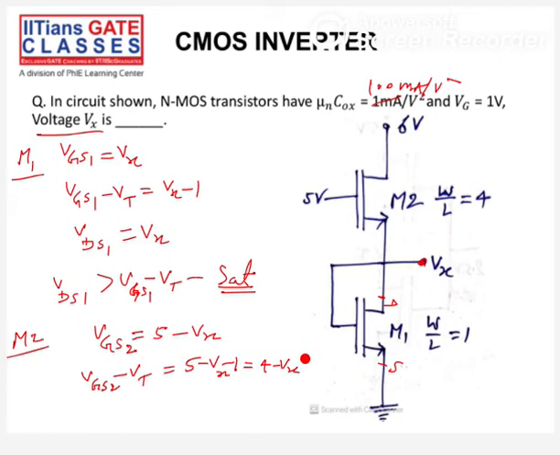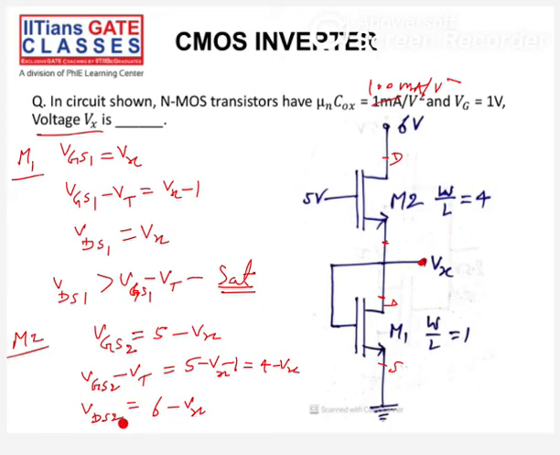Okay. And in the same case, VDS2 is equal to, D is the drain here, that is 6 volt, and S is Vx. So 6 minus Vx.